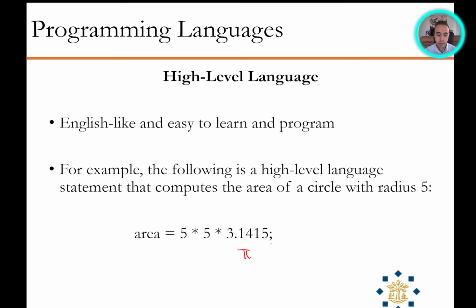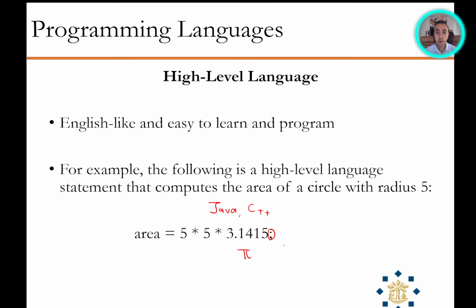And then there is a semicolon. So this is a Java code instruction because there is a semicolon at the end. Okay. It could also be C++, but in Python we don't have the semicolon at the end.